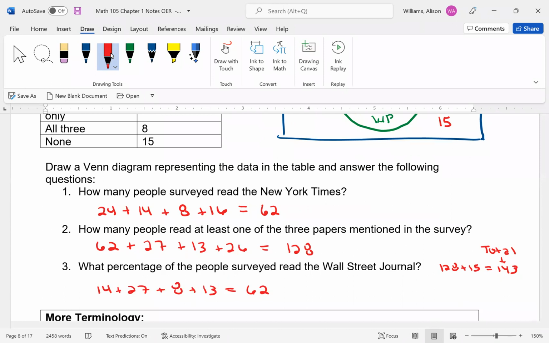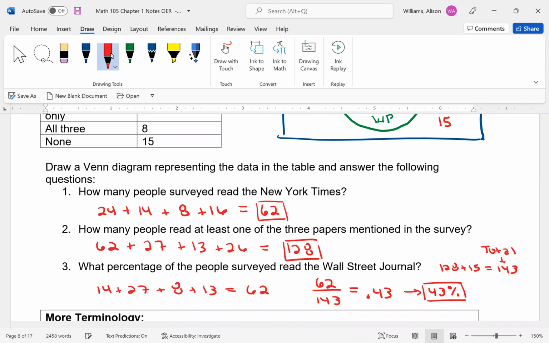Yep, that's right. Okay. So if I take my calculator and divide 62 by 143, I come up with 0.43 as a decimal, which would be 43%. Okay. So there you go.